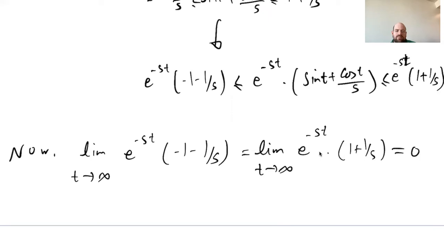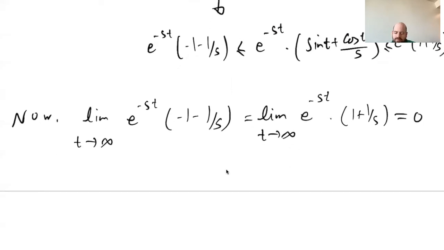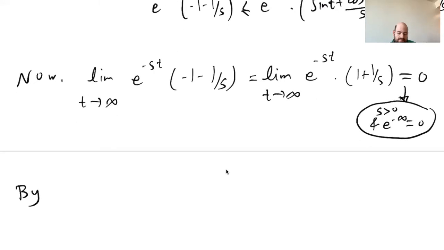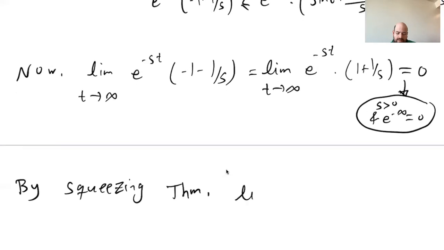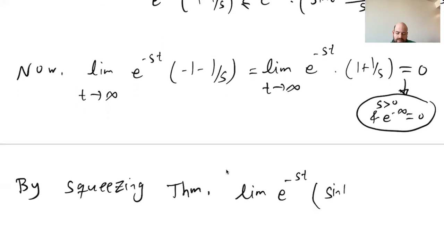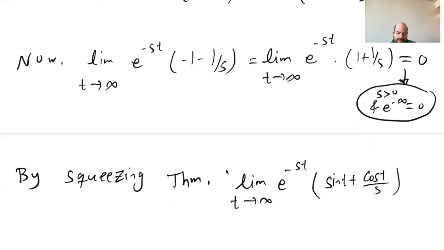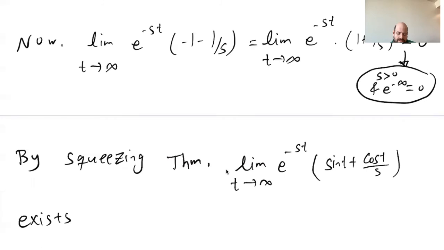And both of them are 0 because e to power minus infinity is 0. This is because s is bigger than 0 and e to power minus infinity is 0. So by the squeezing theorem, we can say that limit e to power minus st times sine t plus cos t over s as t goes to infinity exists and is equal to 0.